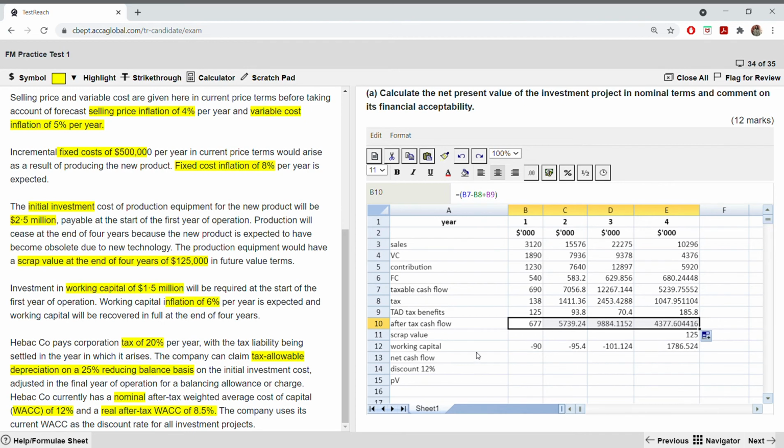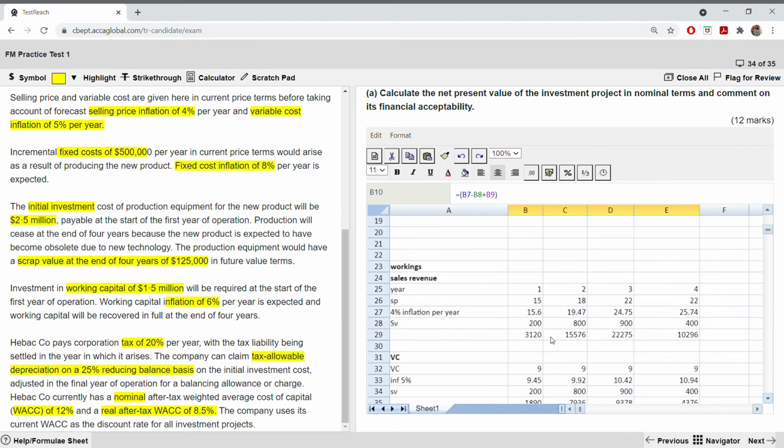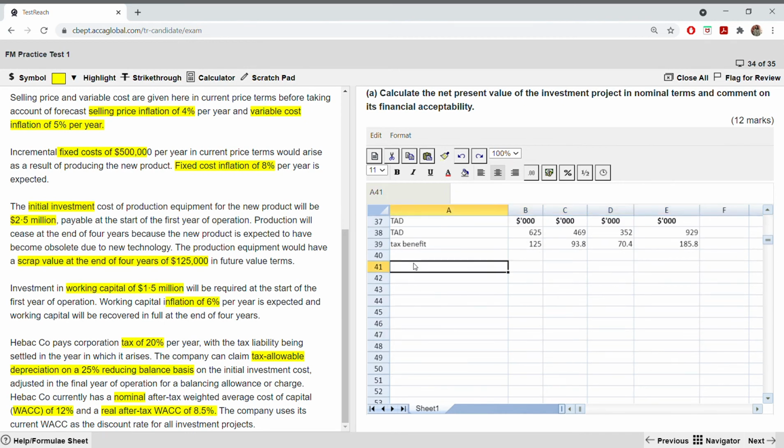Okay, now let's do the working for the working capital. So working capital is in bold. When you're starting working capital, start with 0 also. Here 0. And here also we are going to take this.